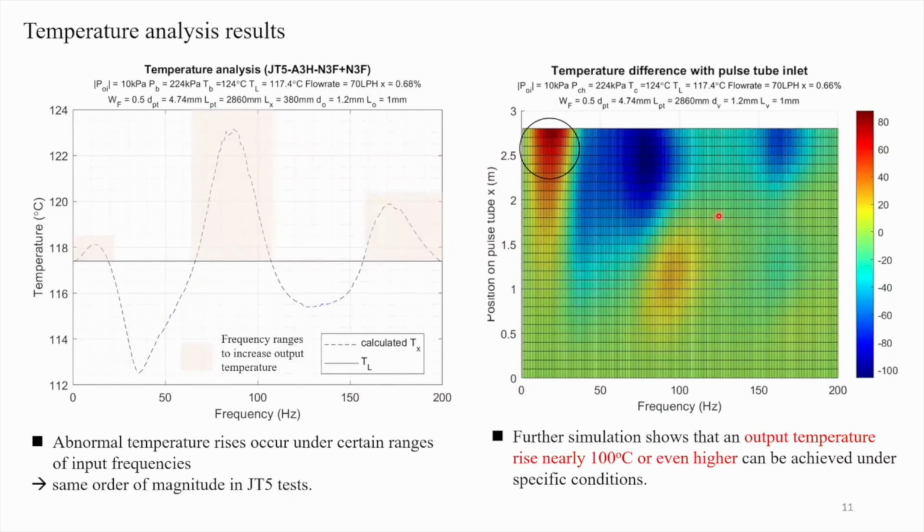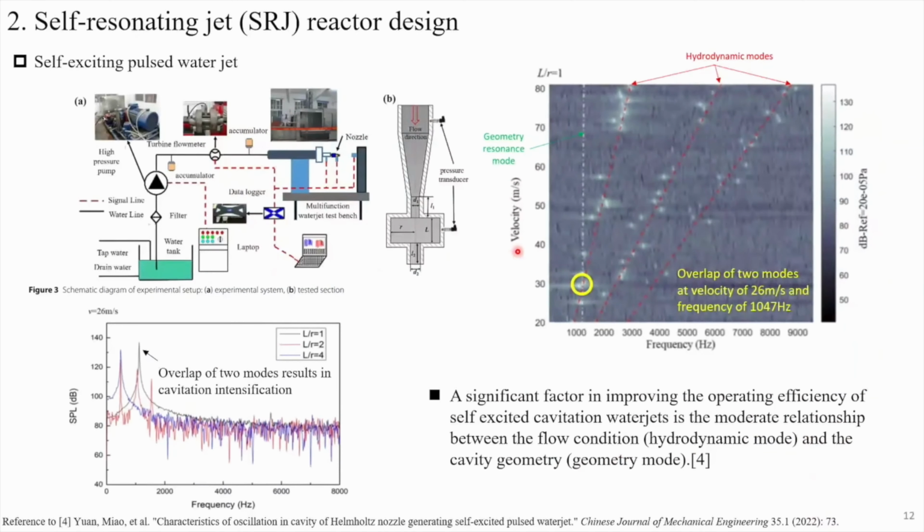Moreover, the right result here shows that an output temperature rise of nearly 100 degrees Celsius, or even higher, can be achieved under specific conditions. So we need a proper frequency for this, and it also depends on the location in the pulse tube.